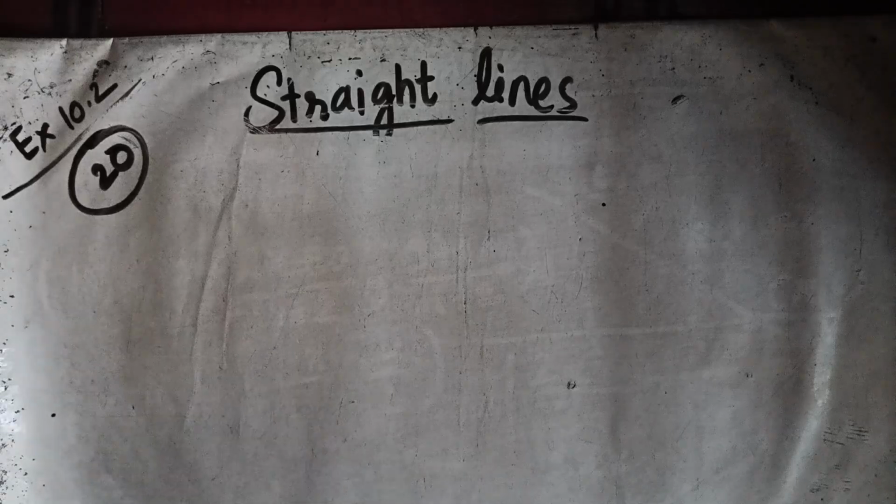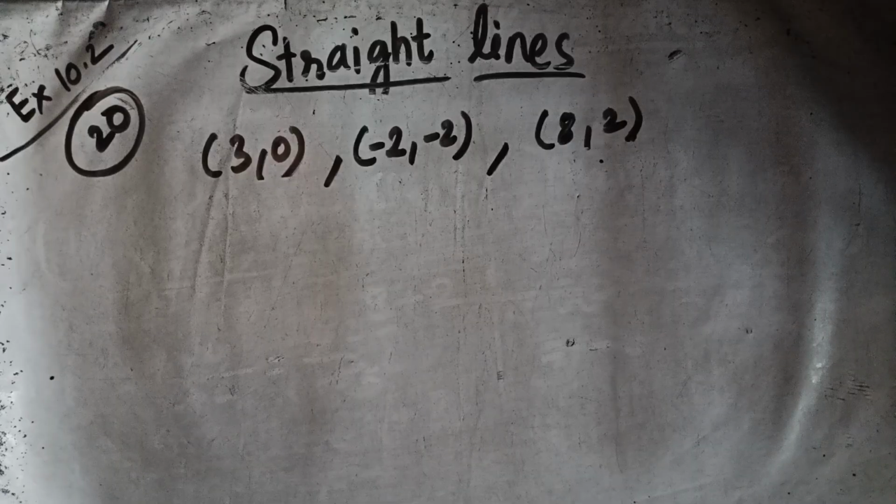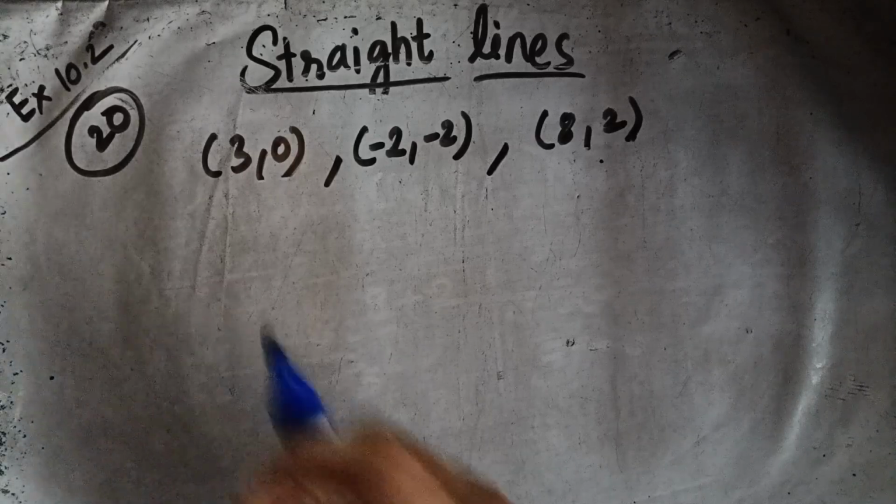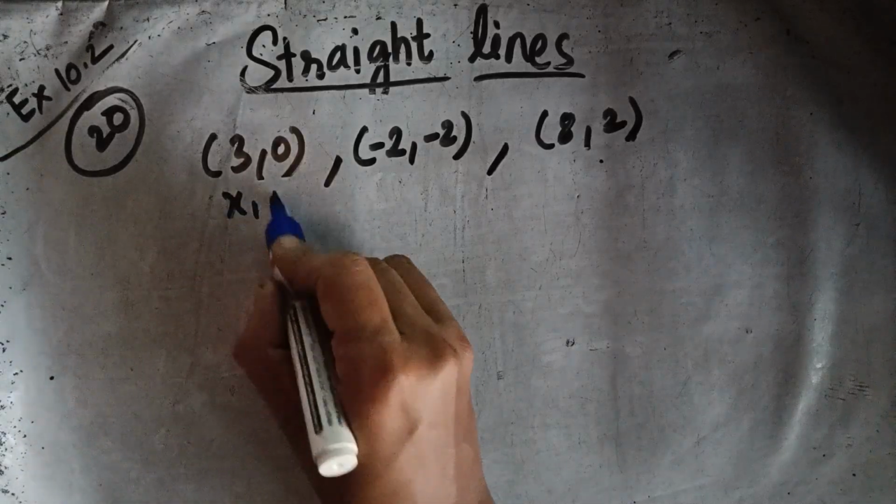Next question. Question 20. Okay, by using the concept of equation of a line, prove that the 3 points are collinear. So equation of a line, 3 points means their slope should be equal. Okay, so we can use here 2-point form. Okay, what we'll do? This we will take as x1 y1.